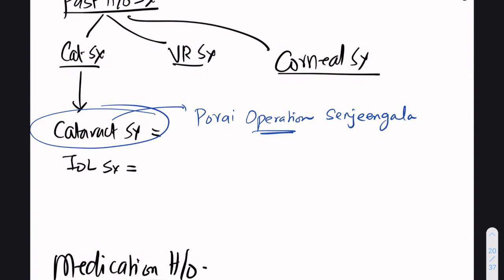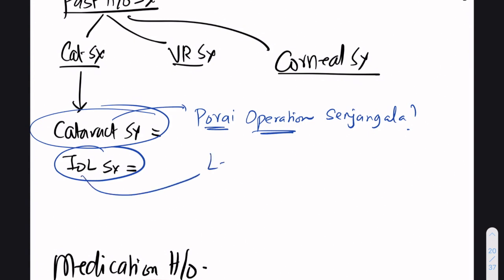Porai operation senjingala, or senjangala. Senjingala means the patient himself did it, but a better word will be porai operation senjangala. Did someone else operate on you for cataract? Some patients will not know what porai means. Some will say lens. So, lens operation senjangala, you can ask.